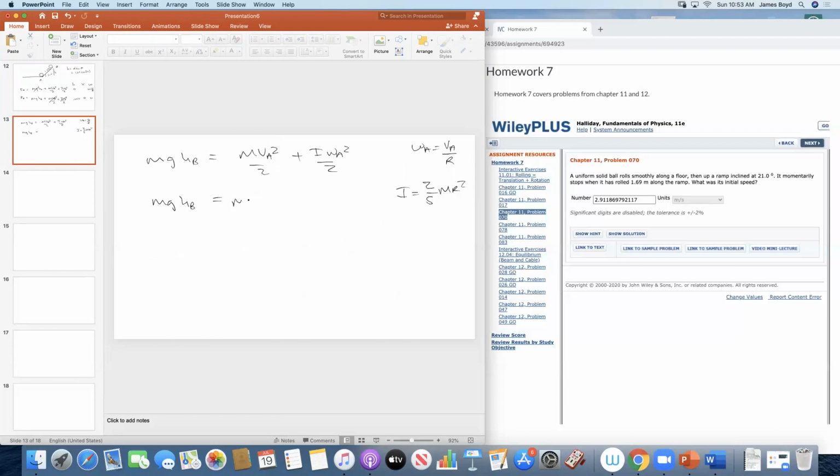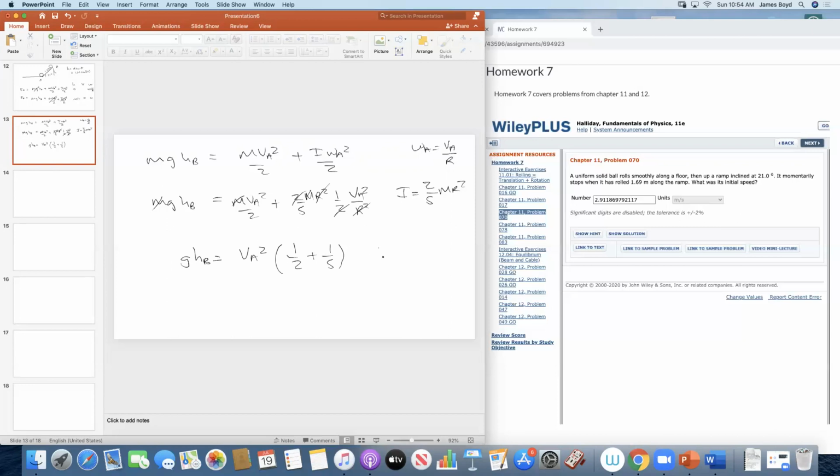So let's put this in as 2/5 MR squared times 1/2 times vA squared over R squared. I'm just going to call it R because it's R of the ball. The 2's cancel, and if I cancel the M's on all sides, what I get here is g hB is vA squared times 1/2 plus 1/5. This is 5/10, this is 2/10, so this is 7/10.